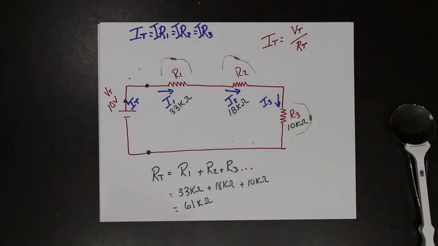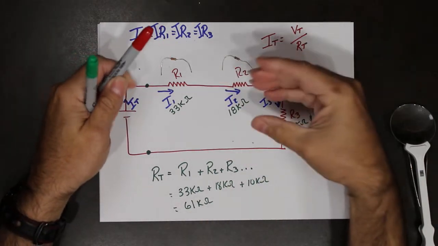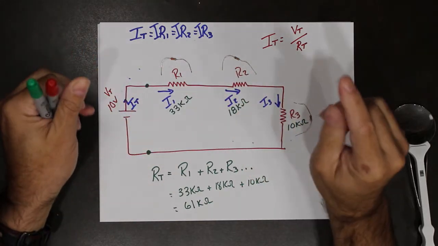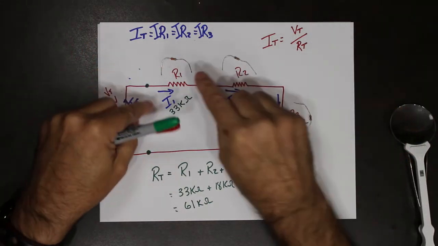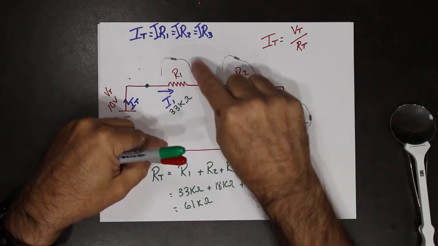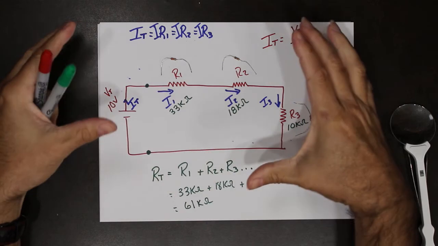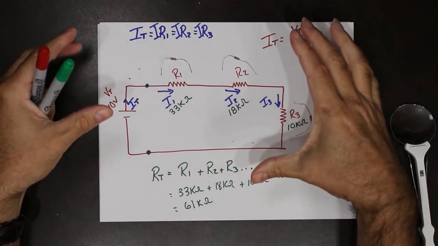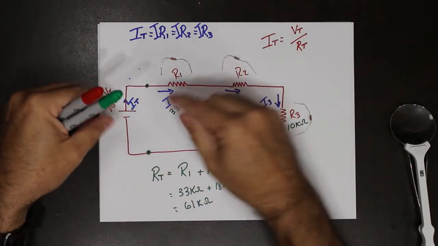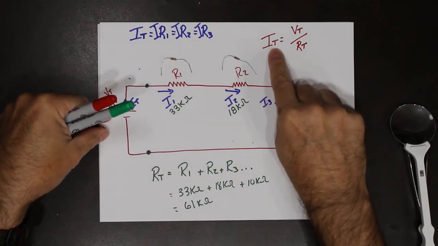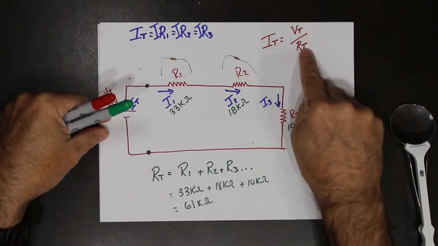Once we start combining resistors into circuits, we have individual values and we have totals for the whole circuit. When we're calculating totals, it's total divided by total.